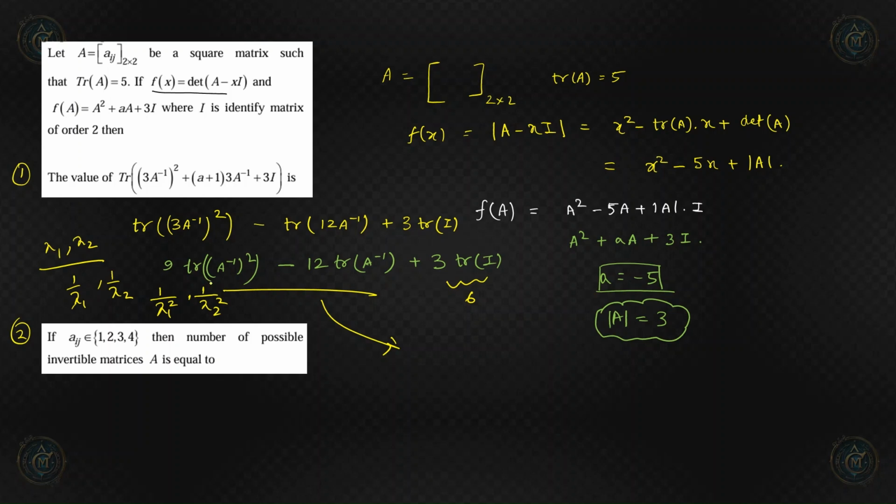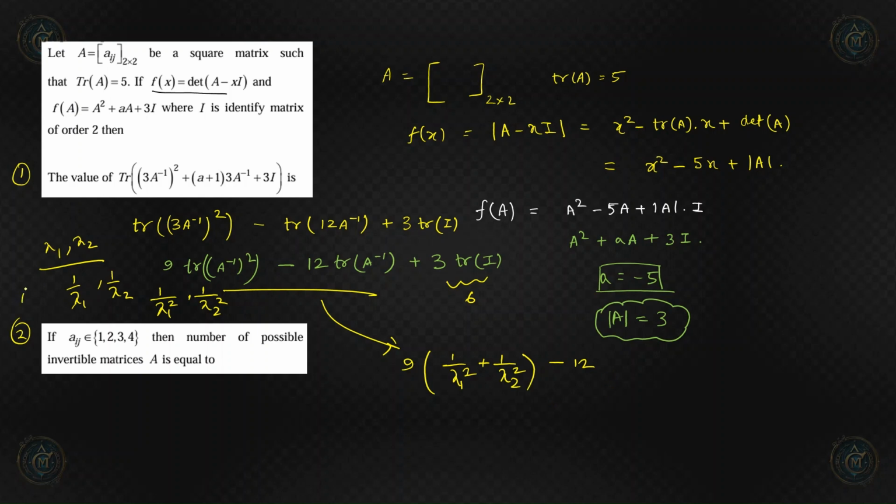Now, what will be the trace of A inverse whole square? The trace of a matrix is the sum of its eigenvalues, so it is 1 by lambda 1 square plus 1 by lambda 2 square. So this 9 is outside, and then we have 1 by lambda 1 square plus 1 by lambda 2 square. Minus 12 times trace of A inverse, which will be the sum of the eigenvalues of A inverse.